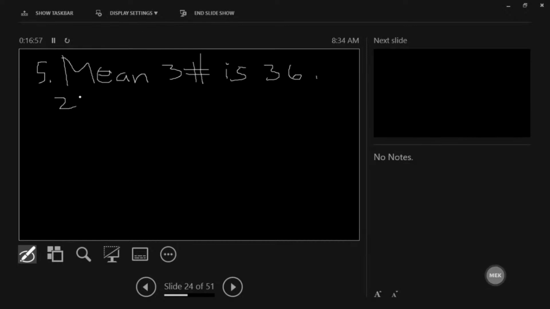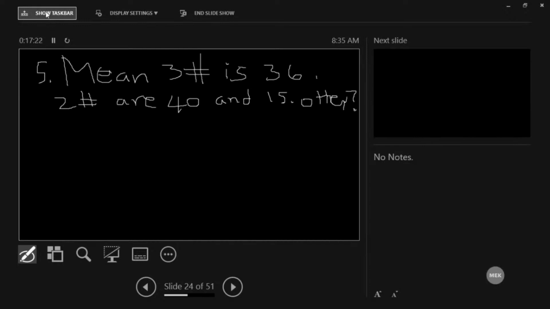Two of the numbers are 40 and 15. What is the other number? So how would you work this one now? Work it. Tell me your answer. Tell me the method you used.